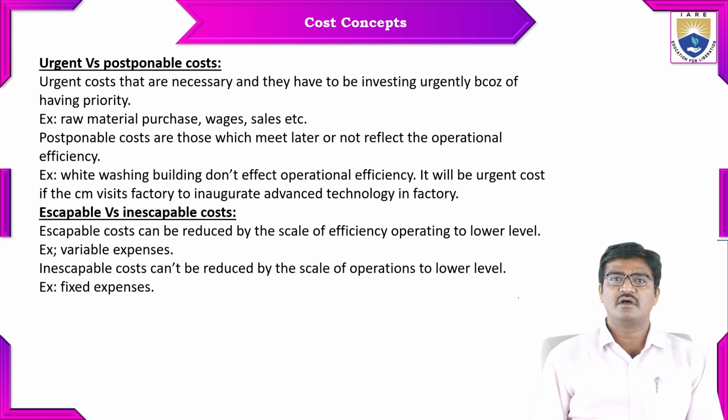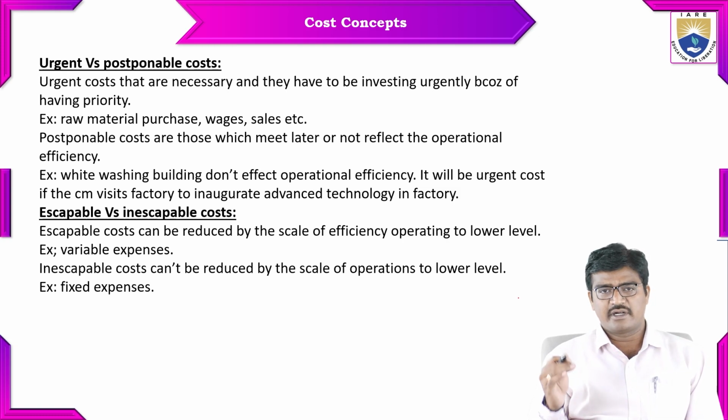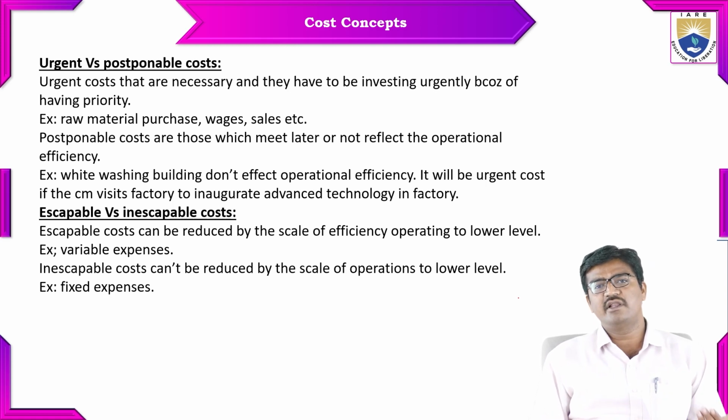And next one is escapable costs versus inescapable costs. Here, some of the costs you can completely skip, and some of the costs you cannot completely skip. The perfect example is variable expenses and fixed expenses. If you reduce the quantity of production, your variable expenses are going to decrease.